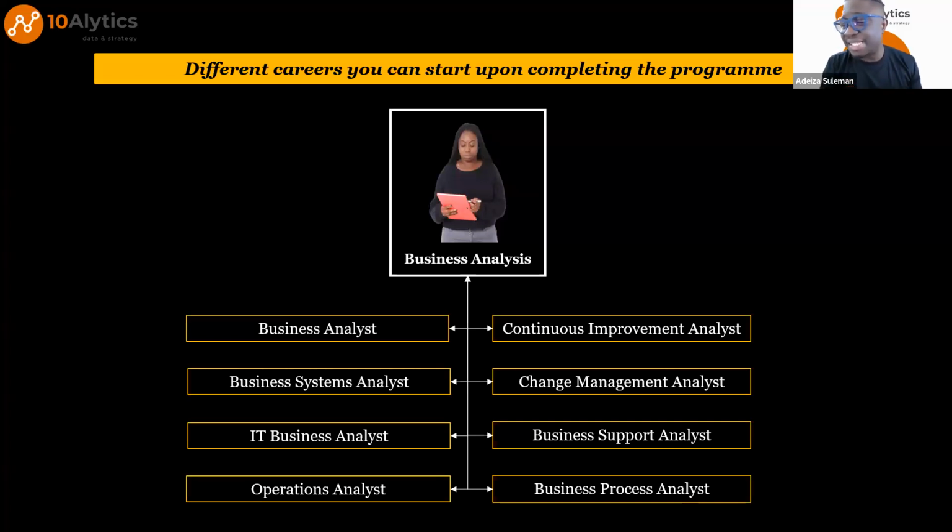So if a class starts at 7 p.m., that's around 12 noon to 2 p.m. Eastern time. Okay, so you just do the conversion, but we've made it easy and flexible for you to join irrespective of your region. Okay, so you don't have to join classes at odd hours.